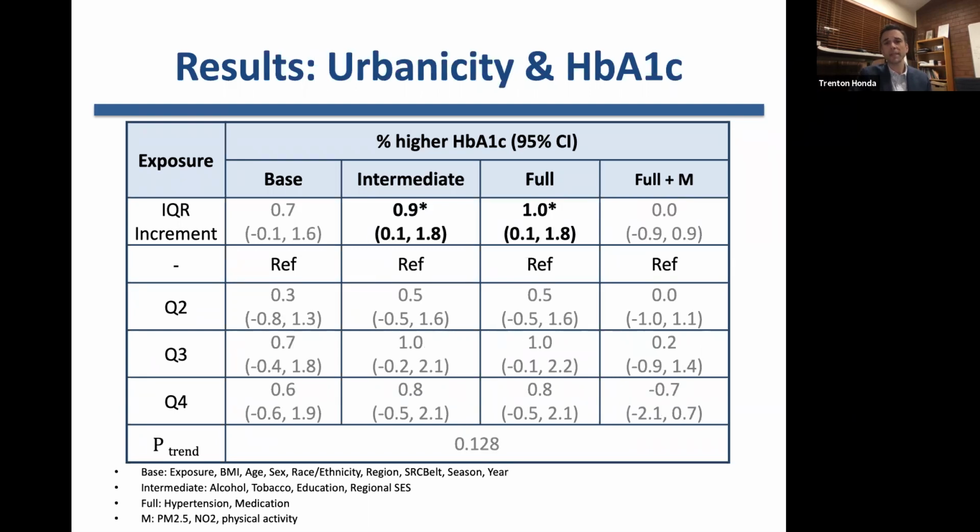When we looked at urbanicity and hemoglobin A1C, however, we did find in our intermediate and full models that an IQR increment increase in urbanicity was associated with a 1% higher hemoglobin A1C in our full model, although this became non-significant when we included our potential mediators.